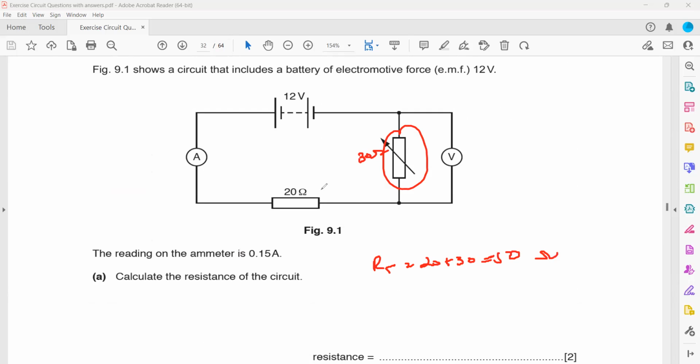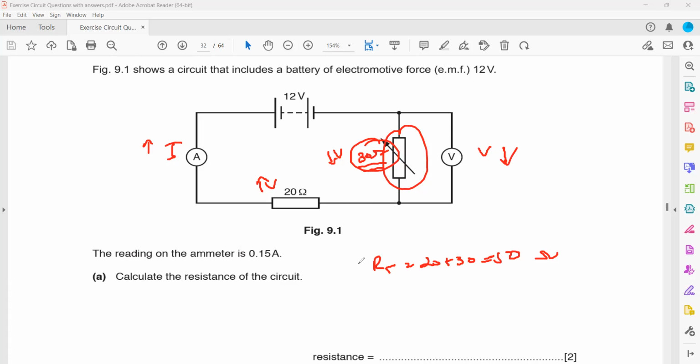If the combined resistance is decreasing, the current will increase. But because the resistance of this part is decreasing, there will be less voltage here. In comparison, there will be more voltage across the fixed resistor. And the voltmeter is in parallel to the variable resistor, so there will be less voltage across the voltmeter.